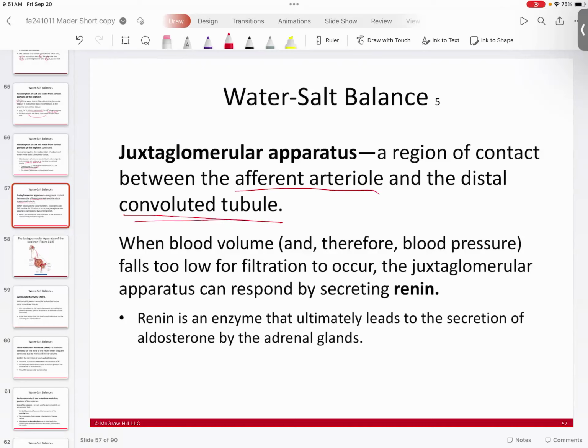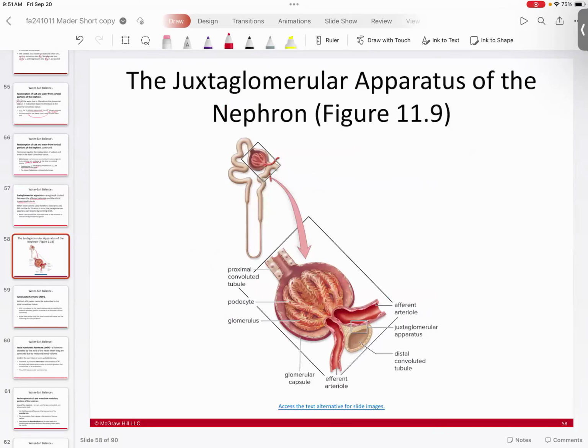So what happens is the distal convoluted tubule actually kind of bends back on itself. We drew it in a linear form: here's your capsule, here's your proximal convoluted tubule, your loop, your distal convoluted tubule, and your collecting duct. In reality, the distal convoluted tubule actually bends backwards and passes by the front end of the glomerulus.